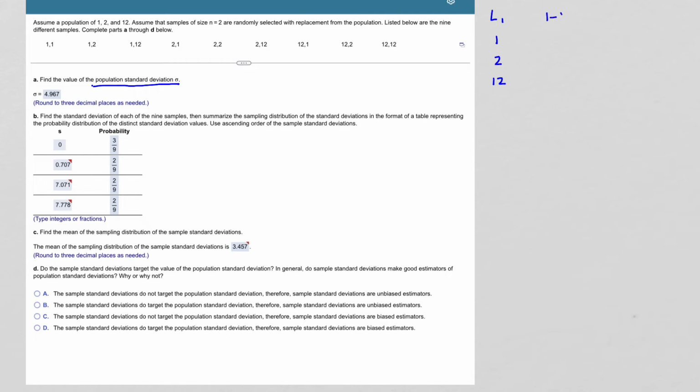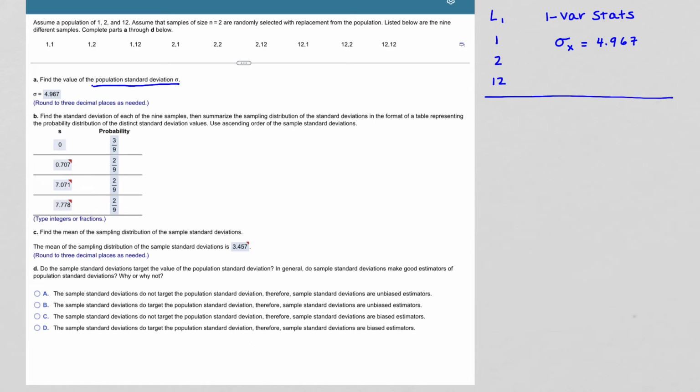And I run one variable stats. And I find that sigma x, they put a little x in there, but it's just sigma, and that is 4.967. So that part is done.